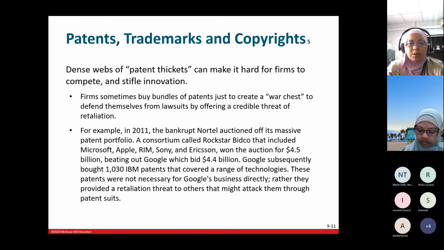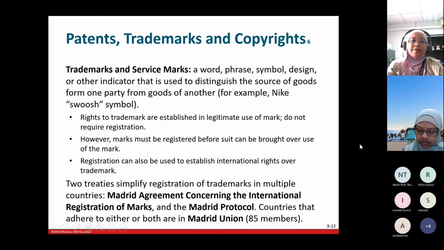Okay, trademark and service mark: a word, phrase, symbol, design, or other indicator used to distinguish the source of goods of one party from goods of another. For example, the Nike swoosh symbol.